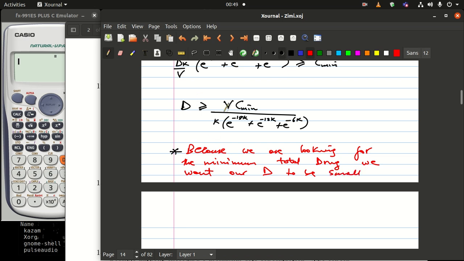So this one is bigger than that. The smallest value we can have is when this is equal to that. That is why we choose our D to be equal to V times C min, all over k, times e raised to minus 18k plus e raised to minus 12k plus e raised to minus 6k.